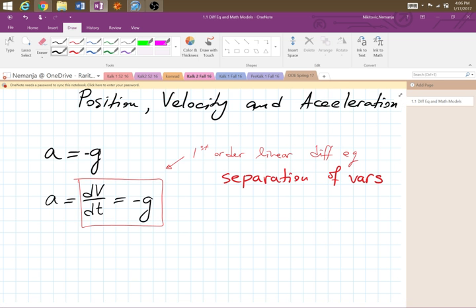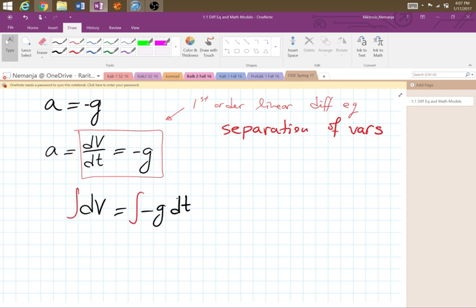So now we are separating variables by saying that dv is equal to negative g dt. I move dt to the other side. And how do we solve this? Who remembers Calc 2? Integrate both sides. Very good. So I will hit integral signs on both sides. We have the integral of dv is just going to be v.